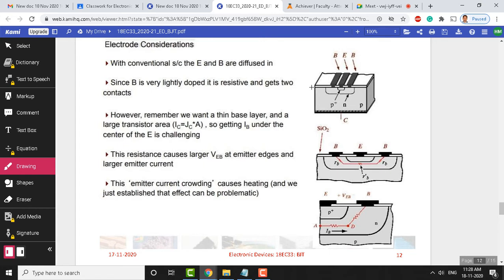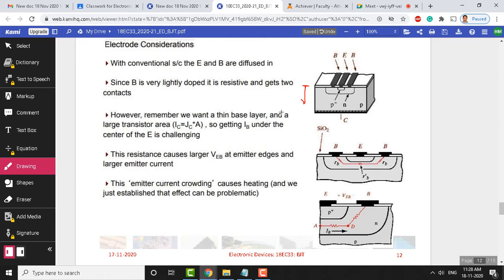The current in this conventional structure flows from top to bottom like this, from emitter to the collector. The collector electrode is at the bottom of this structure. So current flows from emitter to the base, which is in turn controlled by this base terminal.